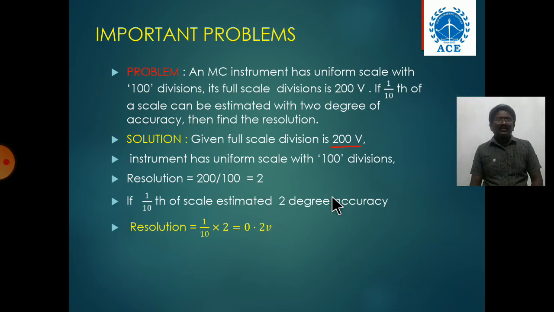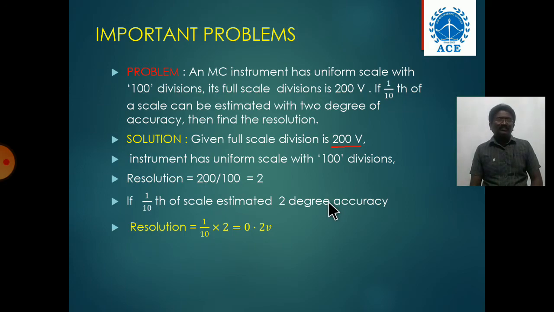Here I have taken 5 statistical approaches. First one is arithmetic mean, second one is deviation from the mean, third one average deviation, fourth one standard deviation, and fifth one variance. So using these 5 mathematical approaches, we can understand random errors.